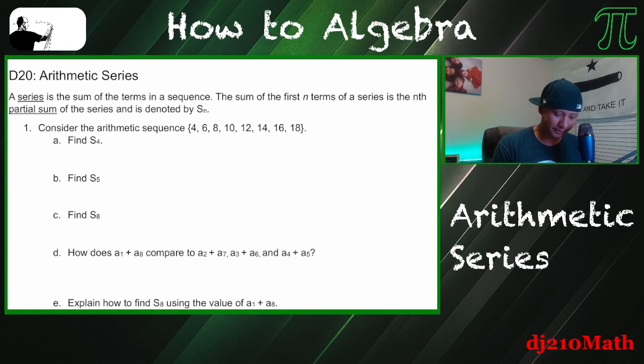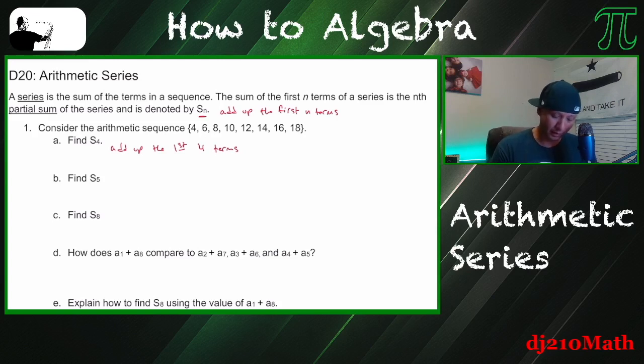S sub n is saying to add up the first n terms, whatever n is. For instance, in number 1, letter A, we're saying S sub 4. So this is saying to add up the first 4 terms.